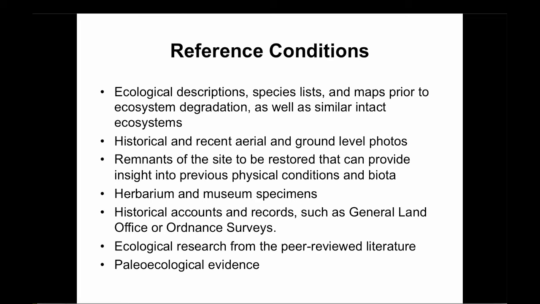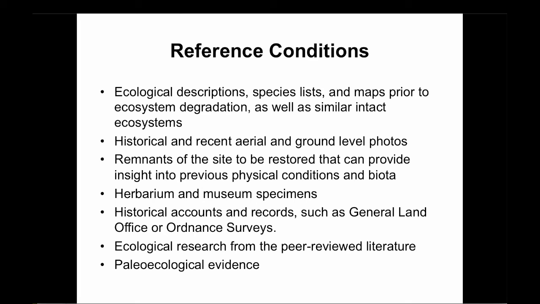And so they may not truly be reflective of the historic range of variation that we're trying to capture as part of our suite of reference conditions. In fact, they may be an outlier to that suite of historic range of variation, and we should take care and look into that and use caution from that perspective.